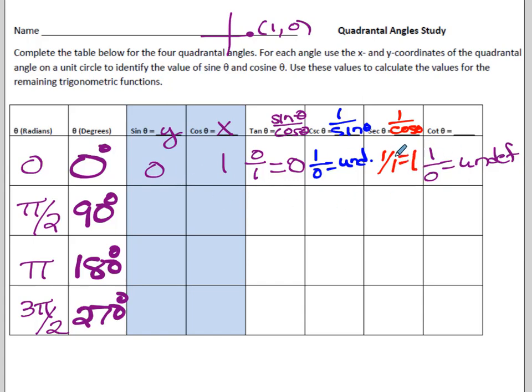Okay? You don't have to show all of your work. I showed my work because I'm explaining. But what we want to be able to do is identify very quickly the sine and cosine values because they're directly related to the coordinates on the unit circle for theta, and then use what we know about sine and cosine of theta to find the values for all of the other trigonometric functions.